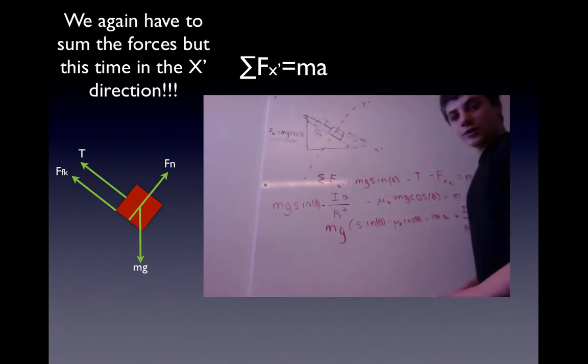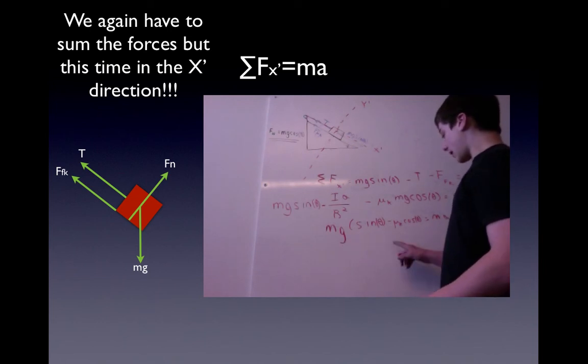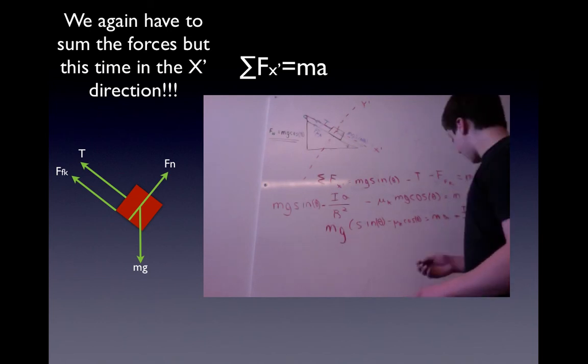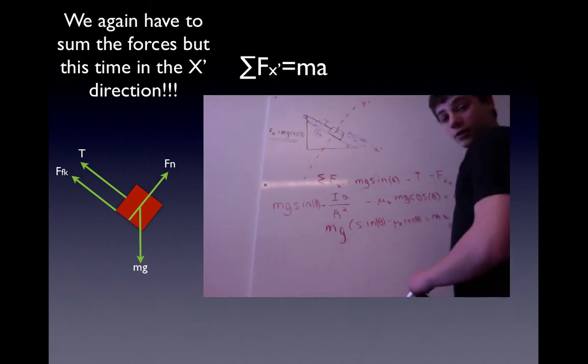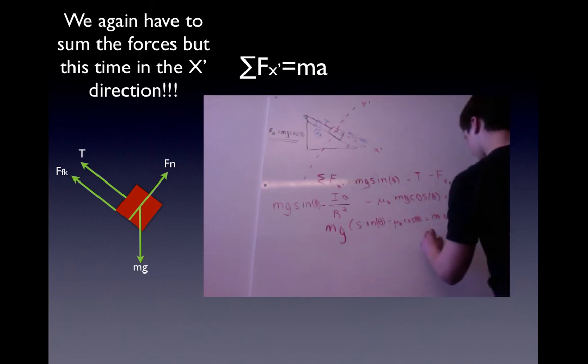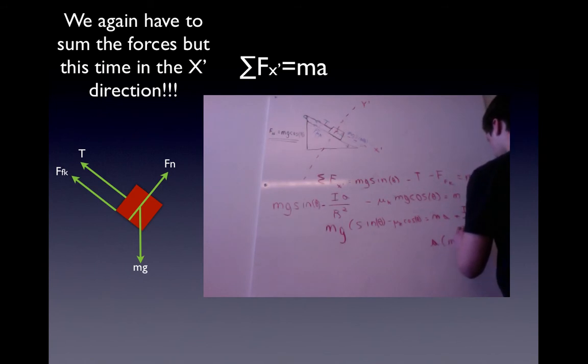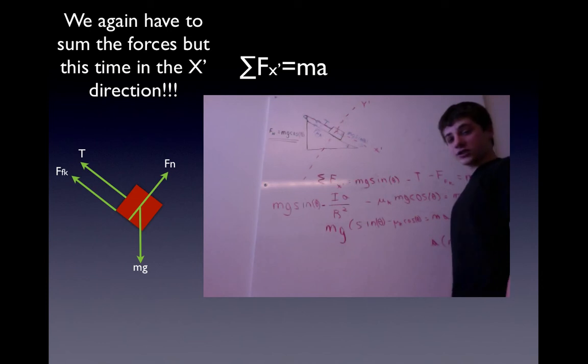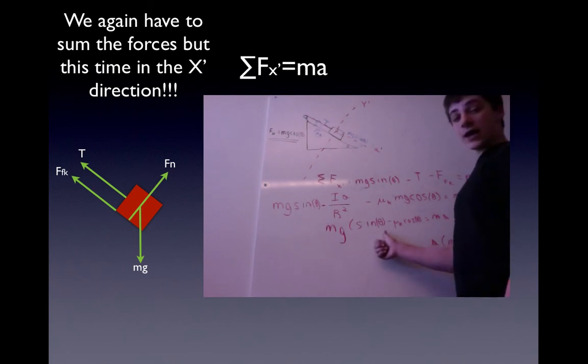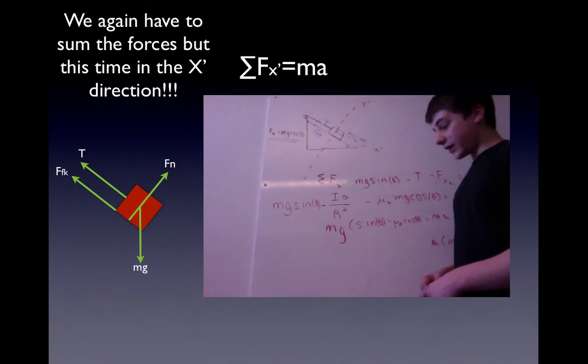Alright, just to recap, we have mg times sine theta minus mu k cosine theta equals ma plus IA over R squared. Since we're trying to solve for the acceleration, we're going to factor out an a, so a times m plus I over R squared. We're going to keep this side as it is, because I think it's as simplified as we can get it for now.